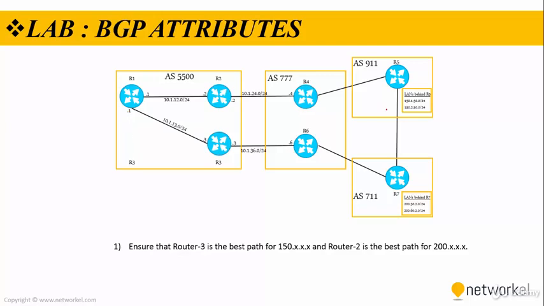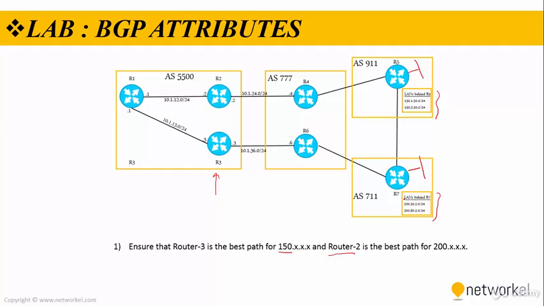We have a topology which consists of 7 routers, as you can see, and we need to ensure that router 3 is the best path for the 150.x.x.x networks, which are the local area networks behind router 5, and we need to ensure that router 2 is the best path for the 200.x.x.x networks, which are the local area networks behind router 7.